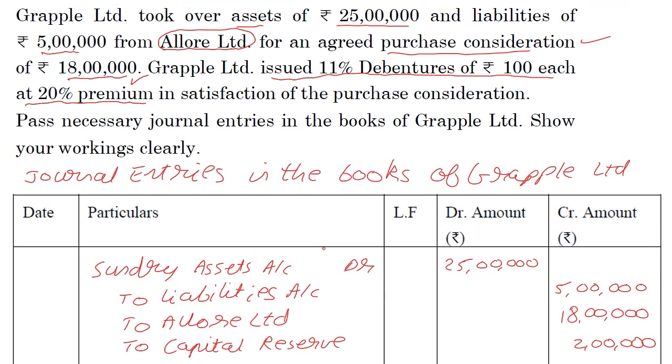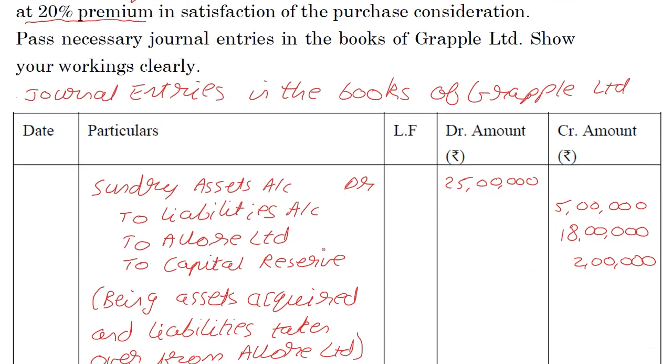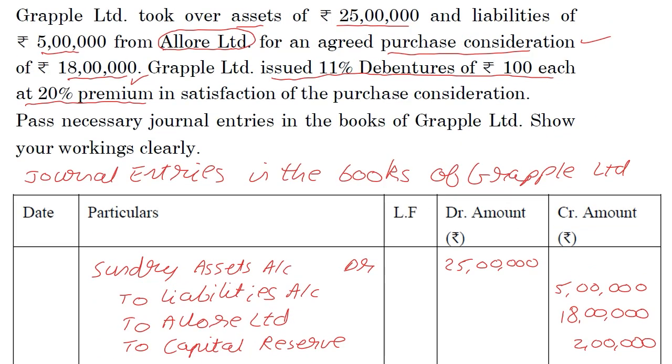Now we need to settle Allore's due, which is 18 lakhs. They are telling us that we are giving 11% debentures of 100 each at a premium of 20%.